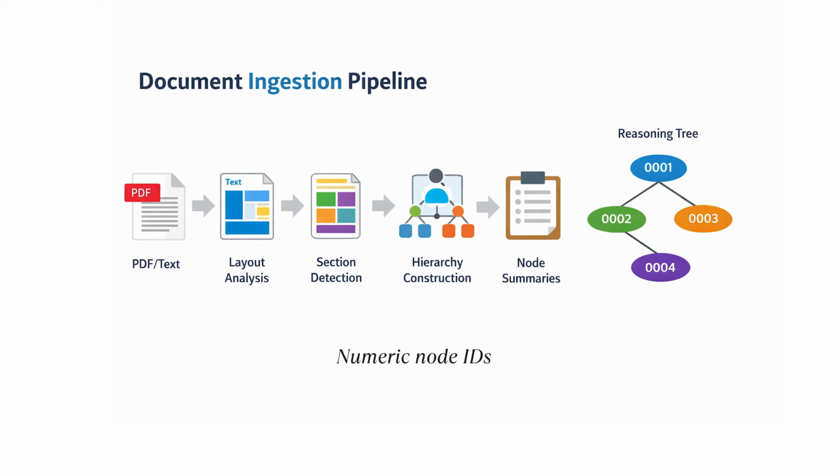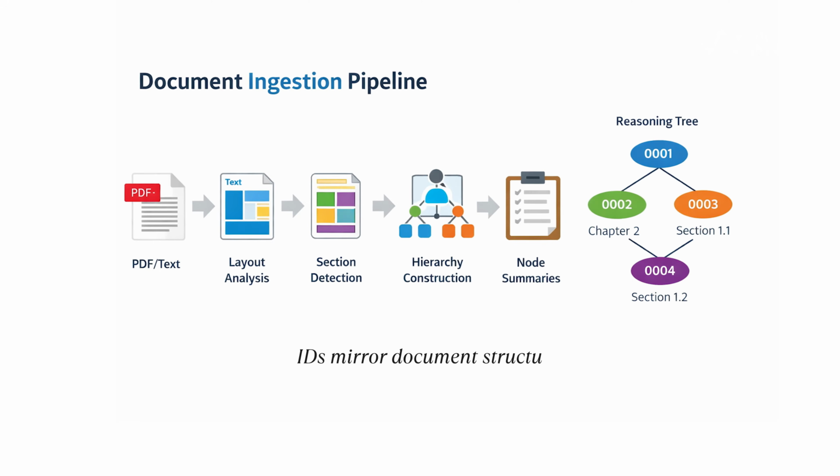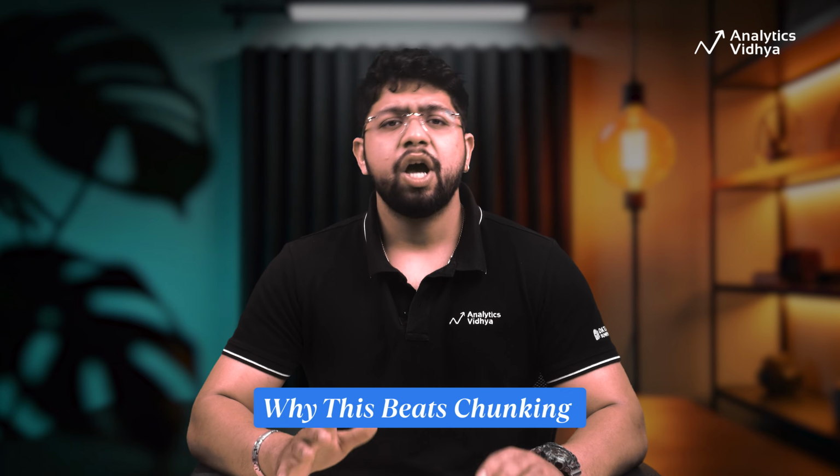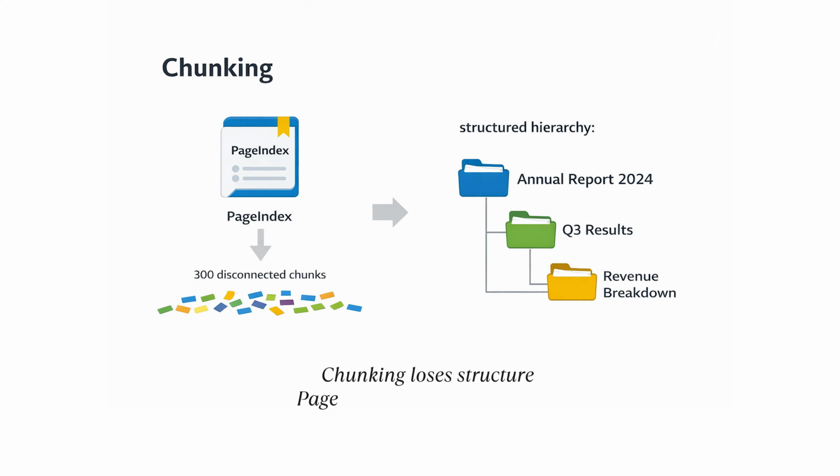This is what enables the smart navigation later. The tree uses a numeric node ID system that mirrors the real document structure. 0001 might be chapter 1, 0002 might be chapter 2, 0003 the first section inside chapter 1, and so on. The hierarchy is preserved. But the question is, why does this beat chunking? Think about what chunking does to a 50-page financial report.